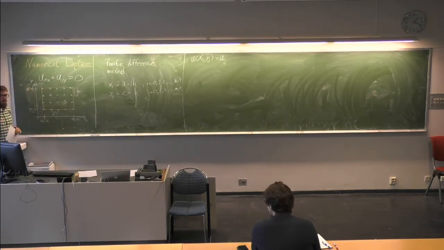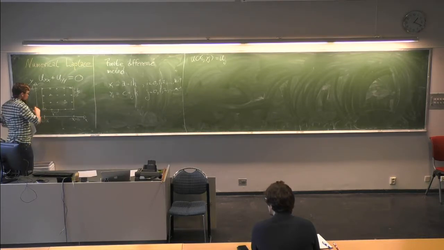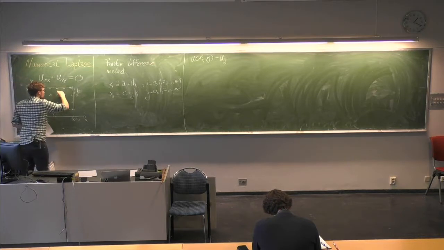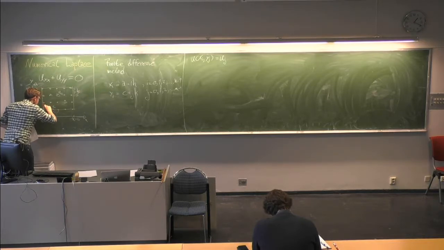So u_0,0 is going to be this point. u_1,0 is going to be this point. And u_2,2, for instance, in this stencil.